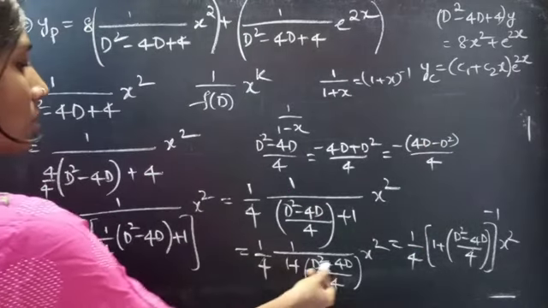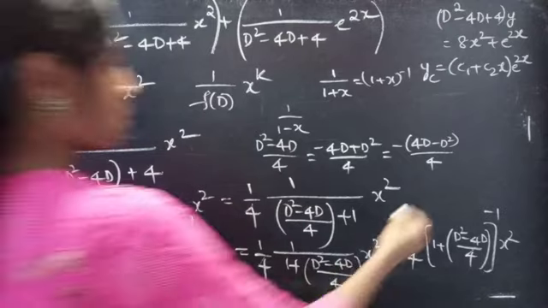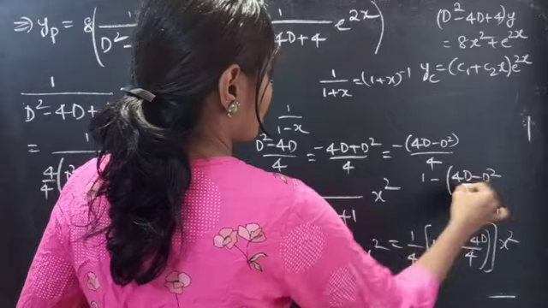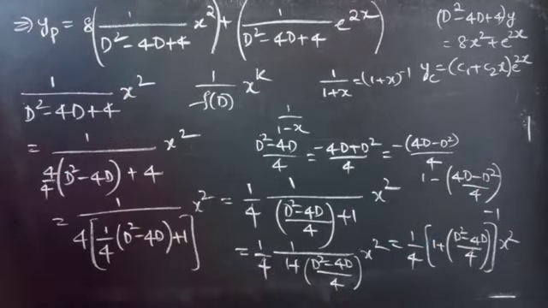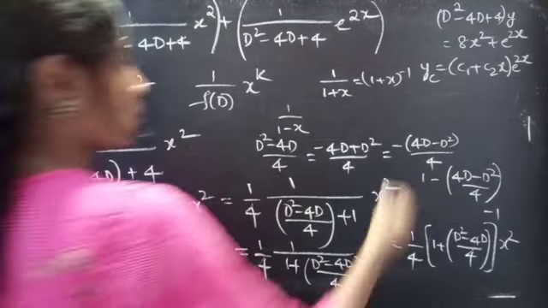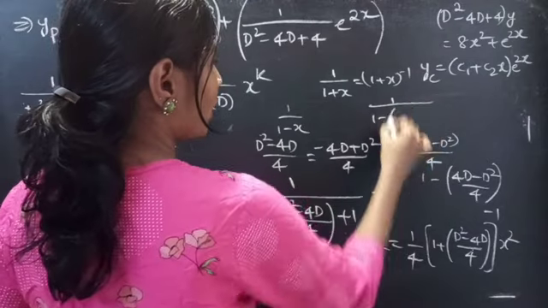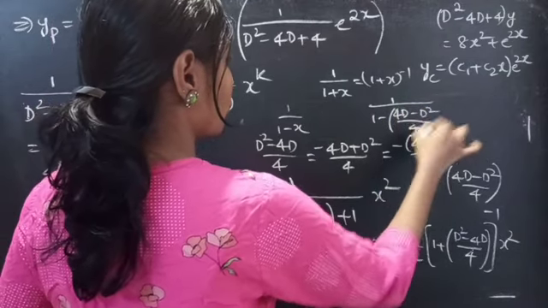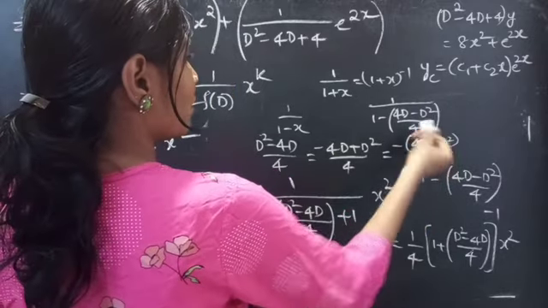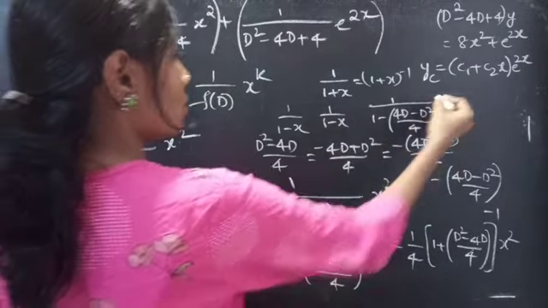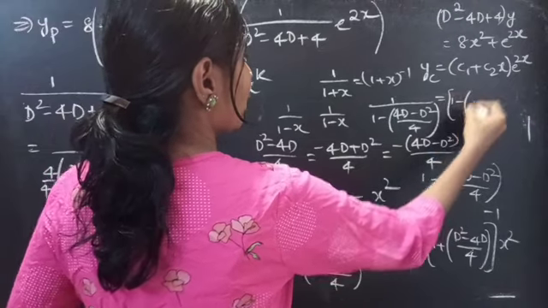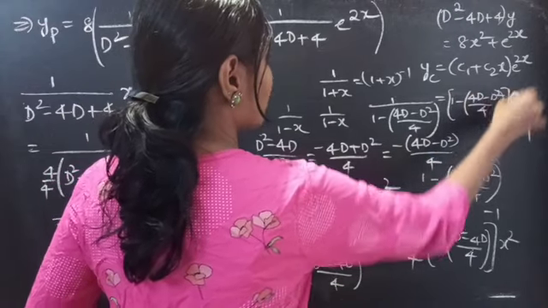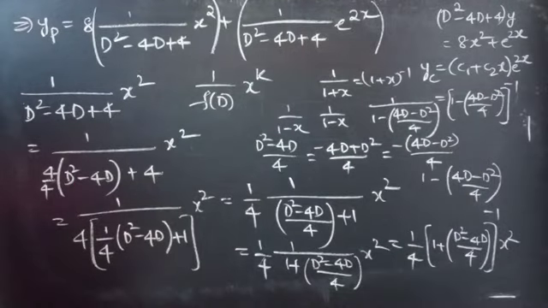Then 1 plus d square minus 4d by 4 becomes 1 minus of 4d minus d square by 4. Right? Then this total fraction becomes 1 by 1 minus 4d minus d square by 4. So this is of 1 by 1 minus x form. So we can write this as 1 minus 4d minus d square by 4 whole inverse. Right?